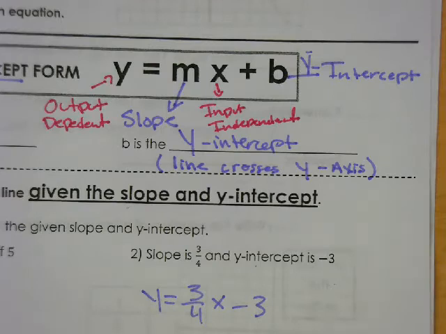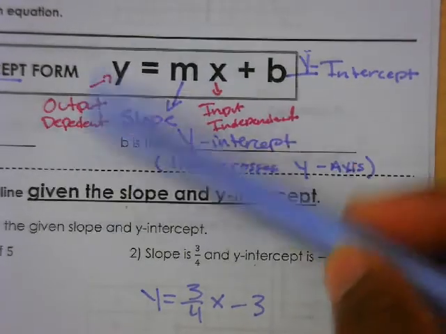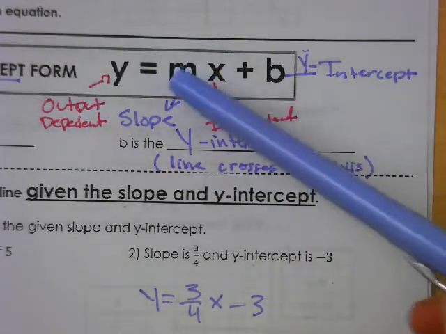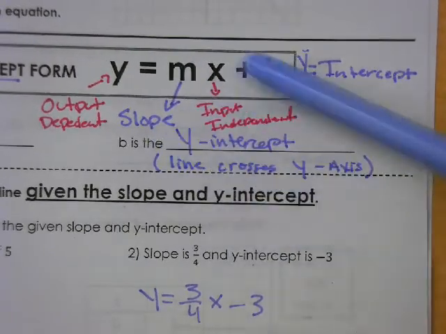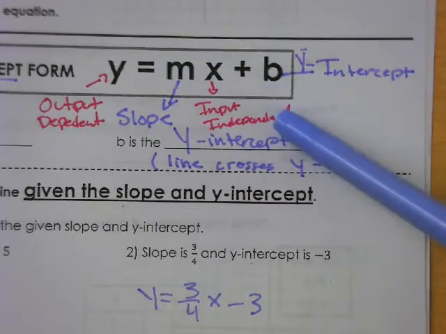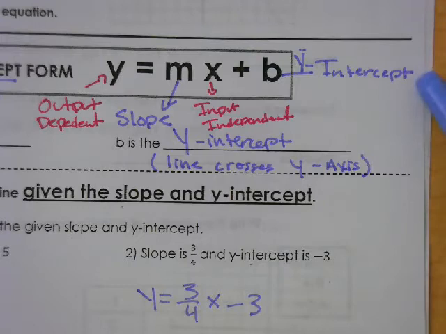Once I find my slope and my intercept, I can input a number and that function spits out an output. So we'll practice those as well. The y is your output, the m is the slope, the x is your input, and the b is the y-intercept.